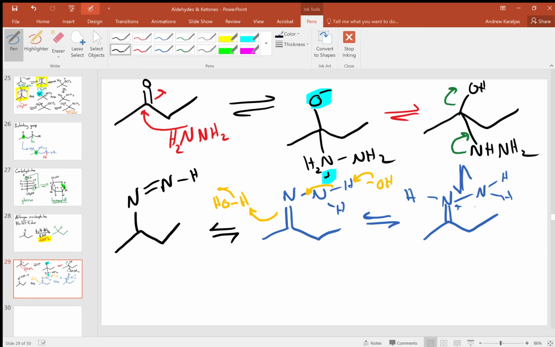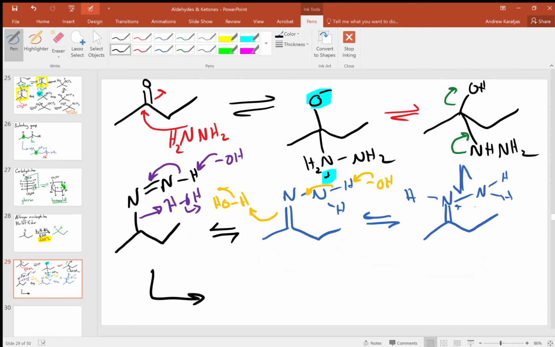Now this same step we just had, the hydroxide removing one of those protons, is going to repeat itself. And this, it turns out, is the step that drives the reaction forward.